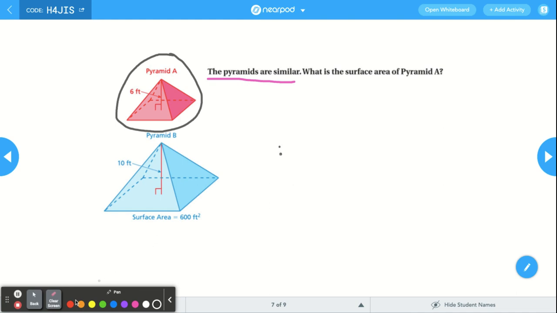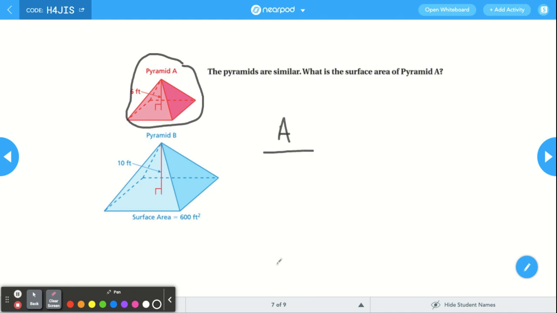Actually, let's use a capital A, which corresponds to the surface area of B. And then we're going to square the ratio of the corresponding side lengths.